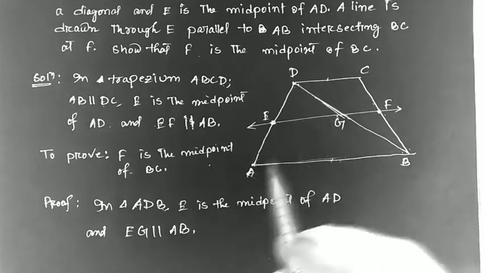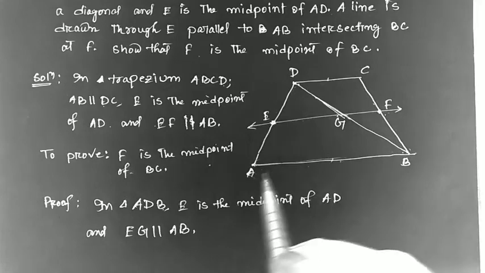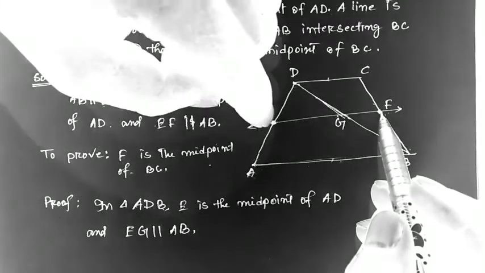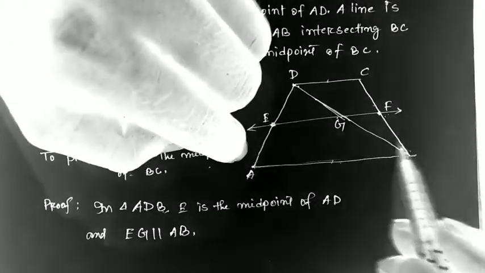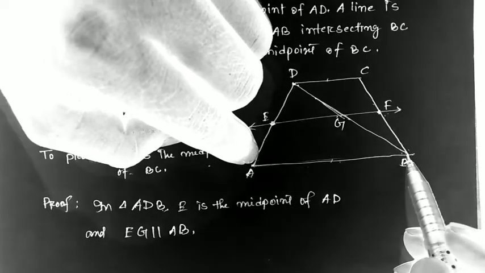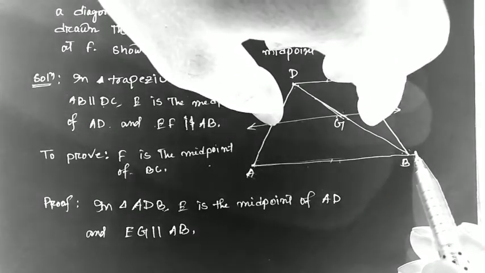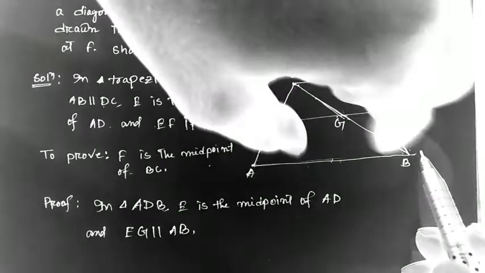Why is EG parallel to AB? Because EF is parallel to AB and EG is the part of EF. We know that parts of parallel lines are parallel. This is the part of EF. EF is parallel to AB, so EG is parallel to AB.